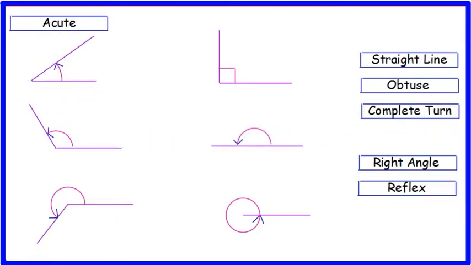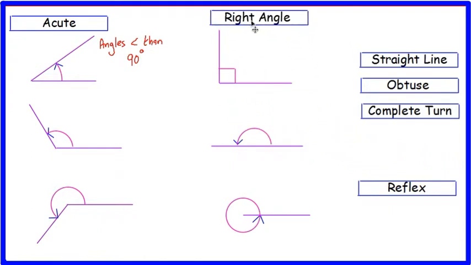Now, acute are all angles less than 90 degrees. Now, here is my 90 degrees. That's my right angle. So a right angle is 90 degrees.